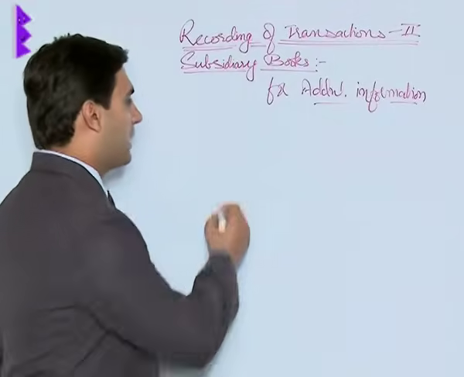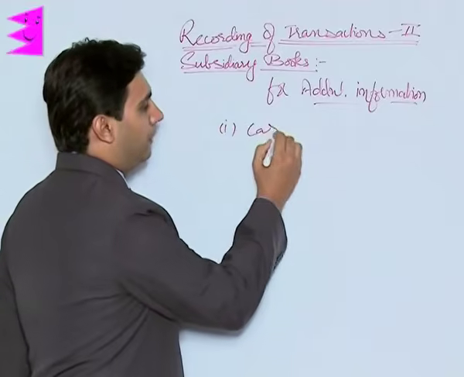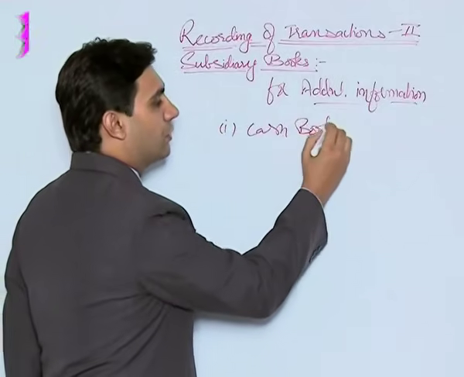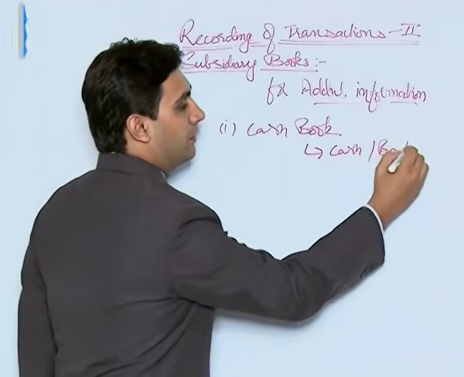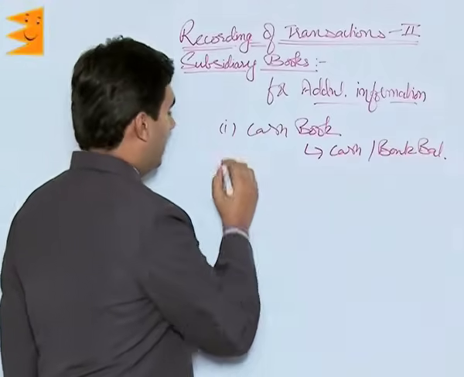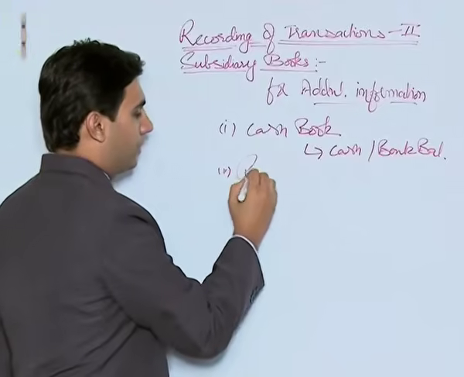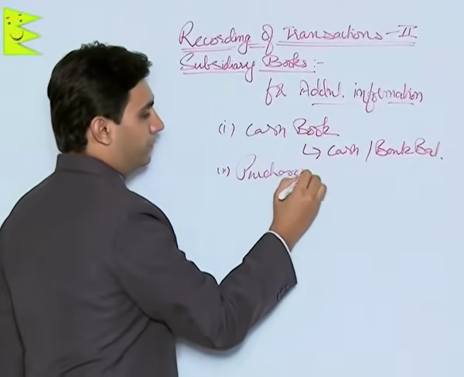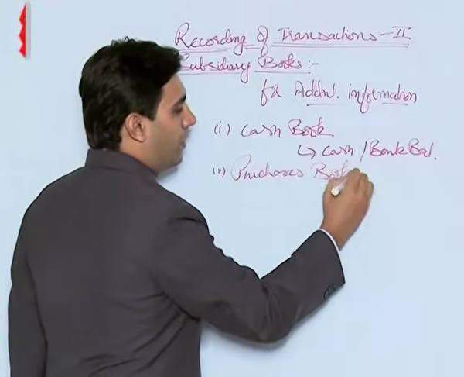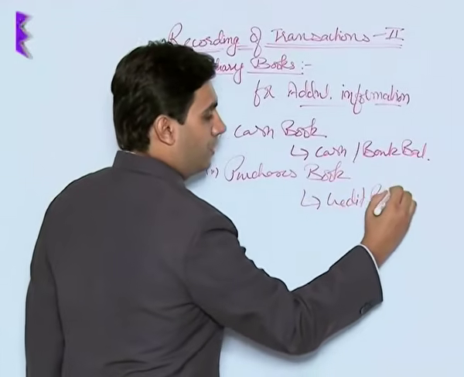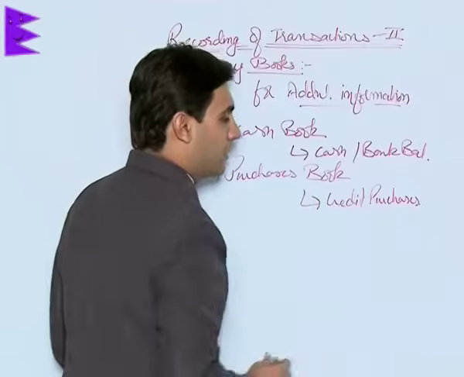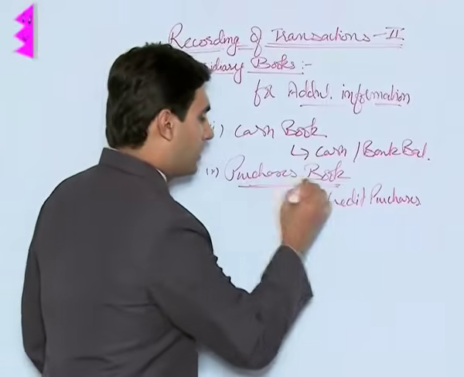Like for example, cash book. Cash book shows cash and bank balance. Then we have purchase book. It shows credit purchases. Now students, note this point.